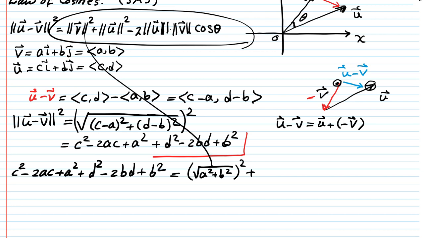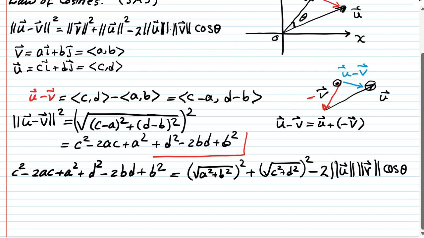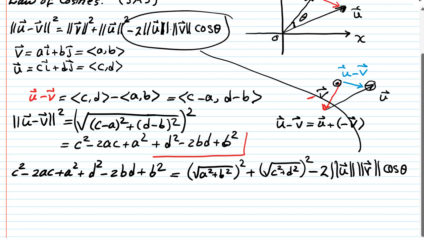And then I'm doing what's next to that. That's the square root of c squared plus d squared, and then the magnitude of that squared. Minus twice the magnitude of each of those. Well, again, the magnitude of u, I'm going to keep it like that. Magnitude of u, magnitude of v, cosine theta. I'm not going to change that expression. Okay, so this part, I just copied it here.